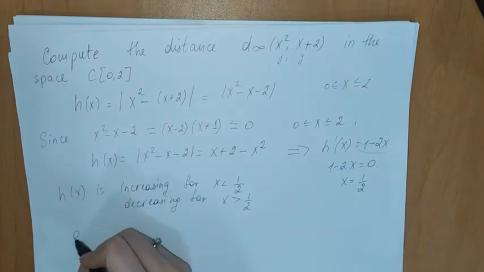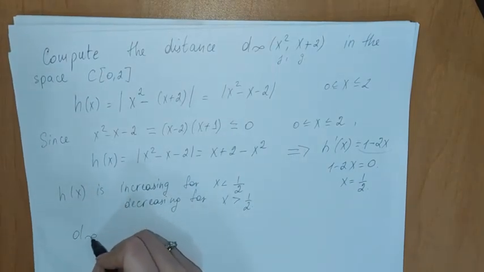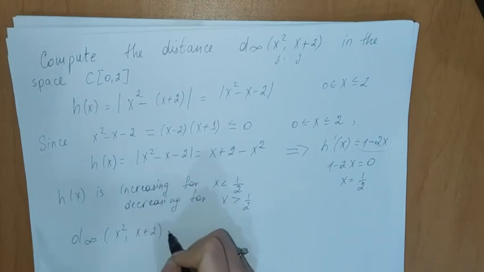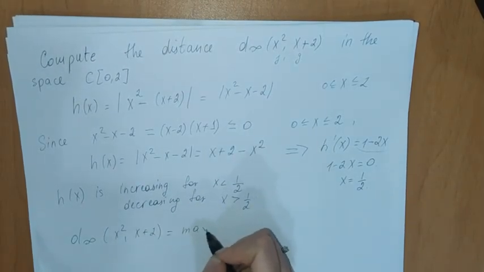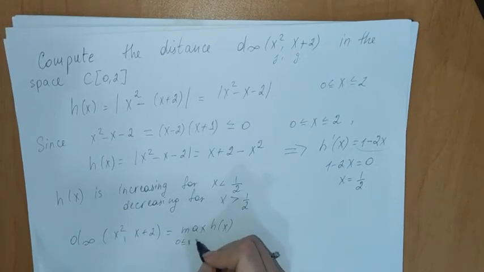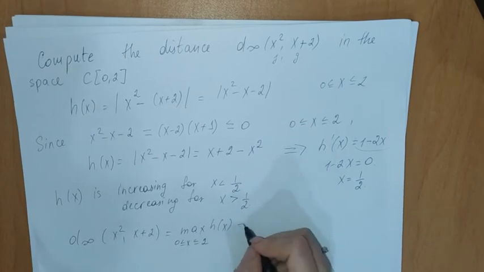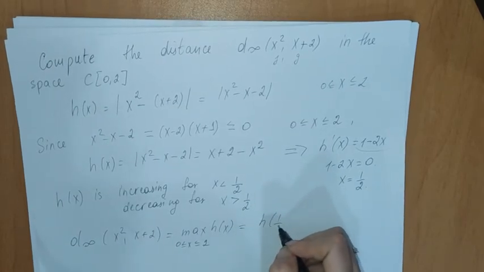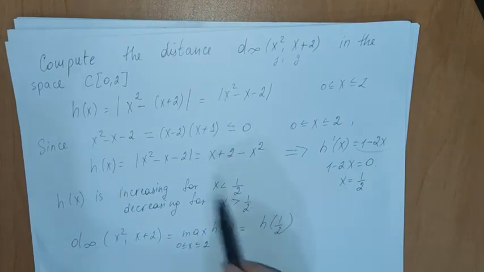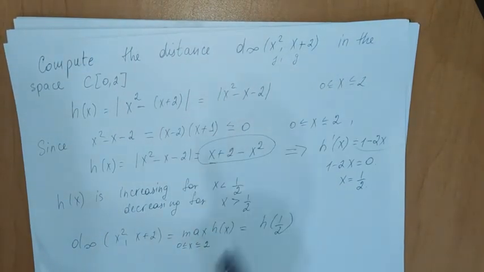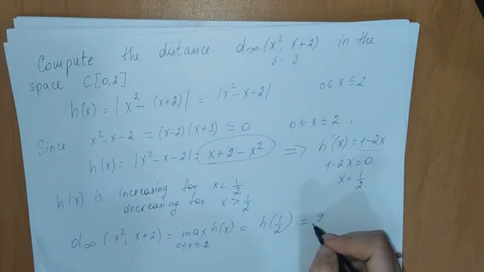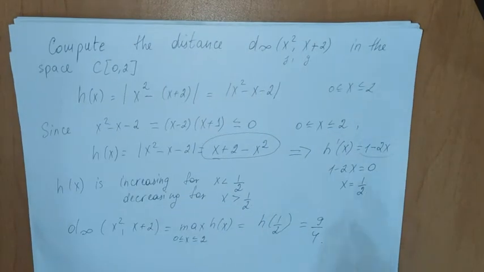So d infinity is equal to the maximum of h(x) for x between 0 and 2, and this is equal to h(1 over 2). If we plug 1 over 2 here, we will get 9 over 4. This is the result.